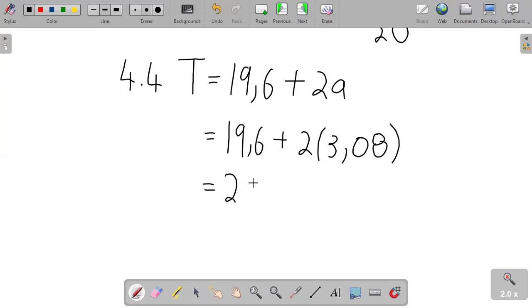And then it's going to be 25.74 newtons. 25.74. That's what I get.